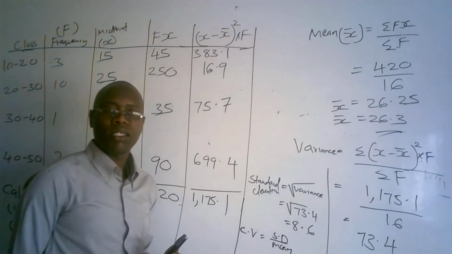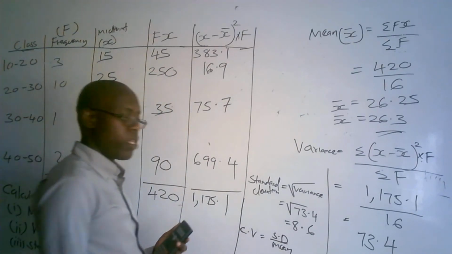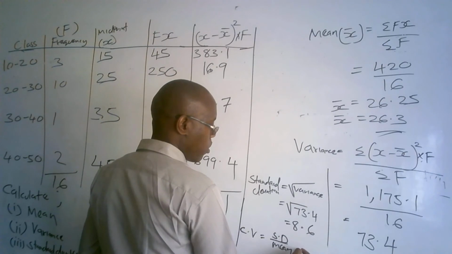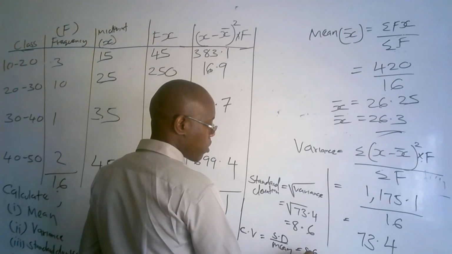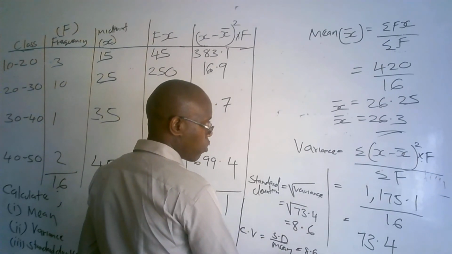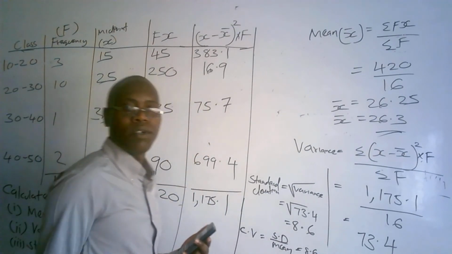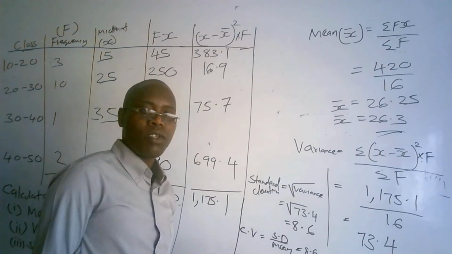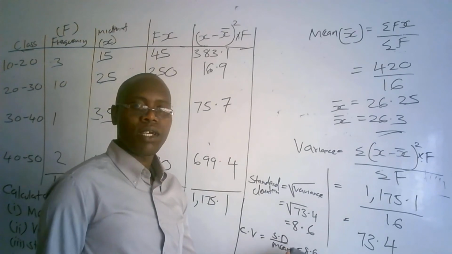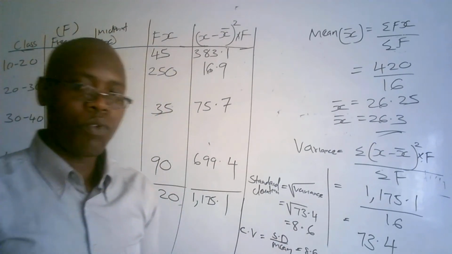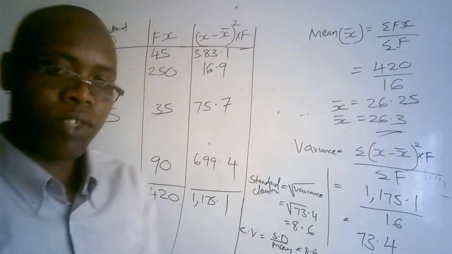So in this case it's going to be 8.6 divided by the mean, which is 26.3.